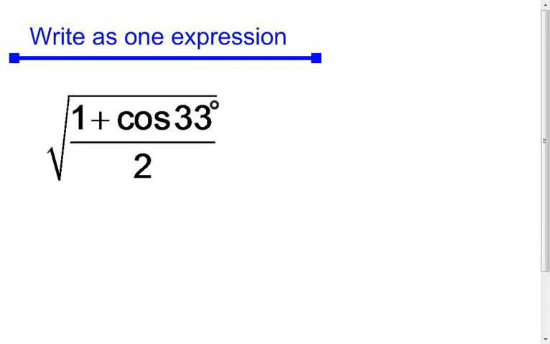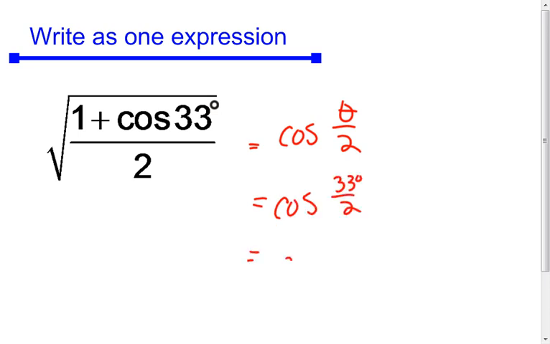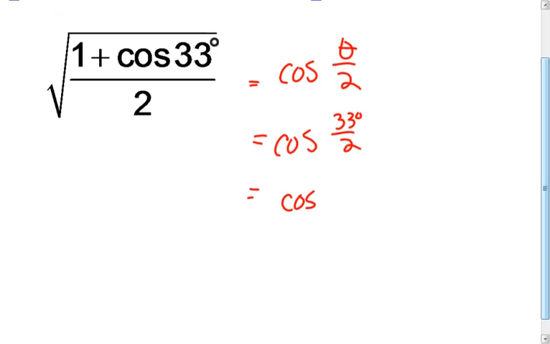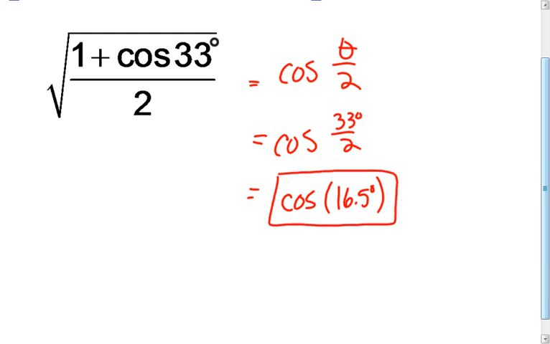This is the formula for cosine at theta over 2, where theta is 33 degrees, and 33 degrees over 2 is 16 and a half. I don't have coordinates at 16 and a half, but if I did, I would want you to find cosine. So you can just leave it like that.